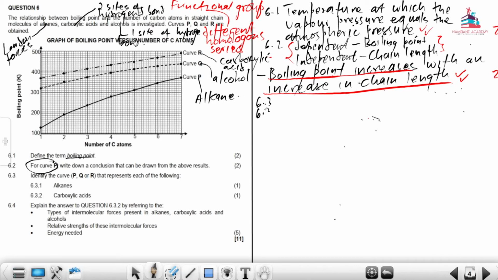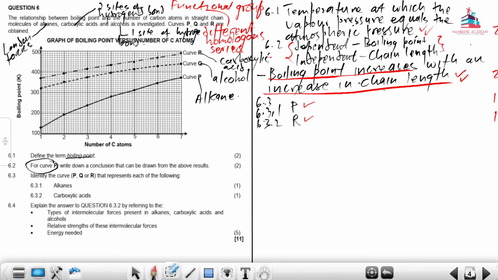So at 6.3.1, alkanes must be represented by P, and then at 6.3.2, carboxylic acids must be represented by R. Each one of them is 1 mark. So you'll get 1 mark there, 1 mark, and then you will be happy because you are doing things the right way.